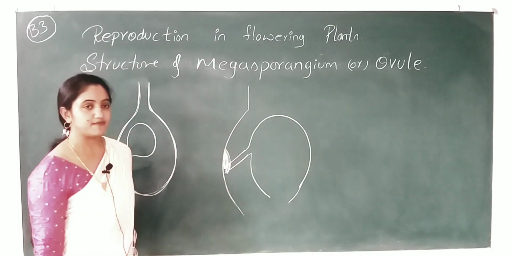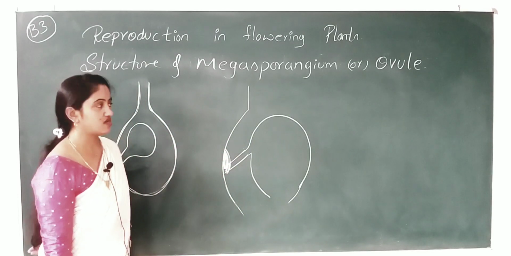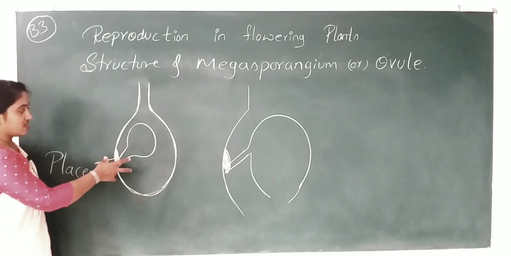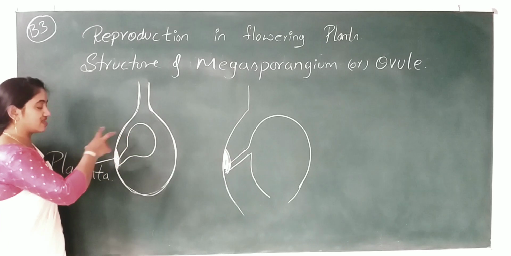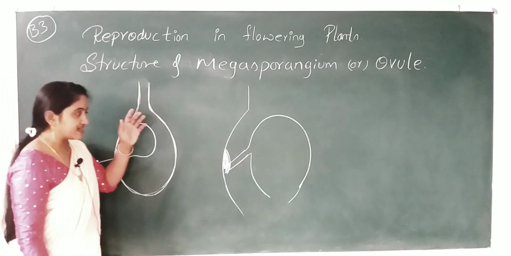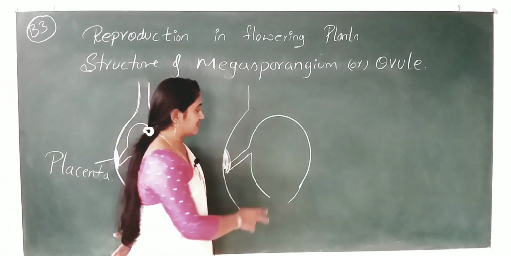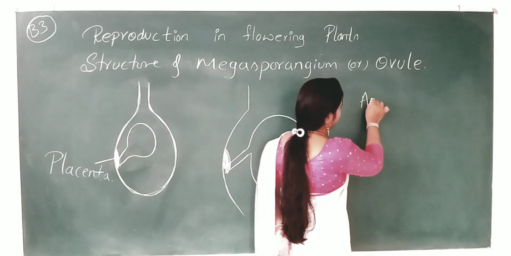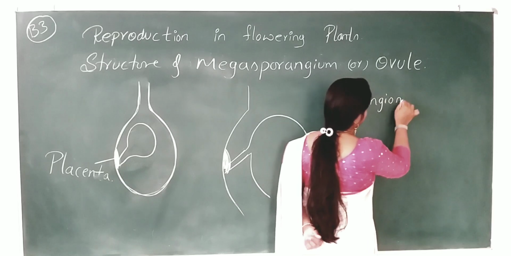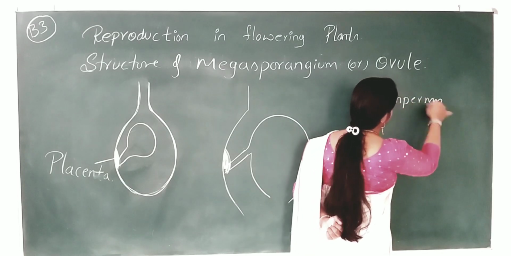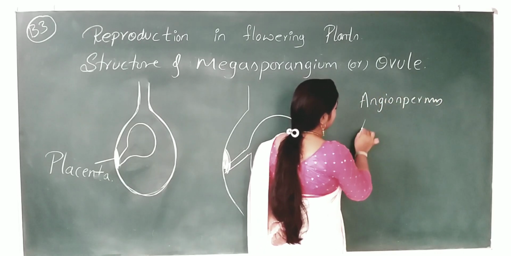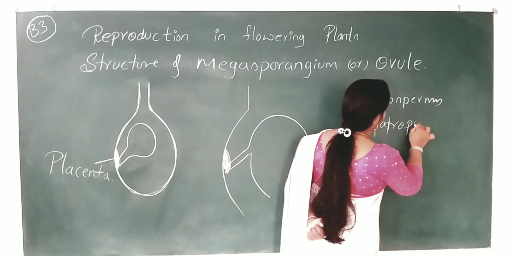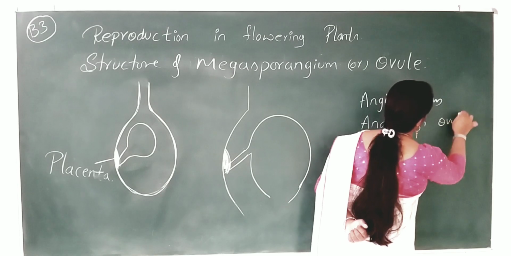Earlier I said it would look like this, but the actual structure of the ovule will be like this. Most angiospermic plants have this type of ovule, the anatropous type.